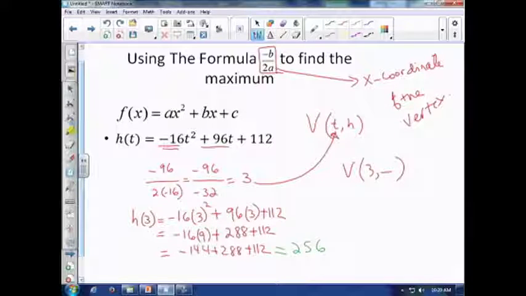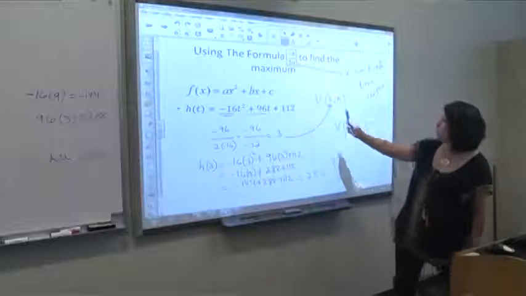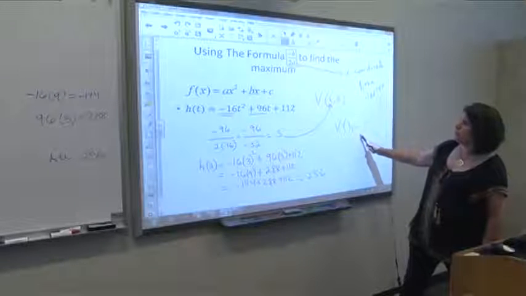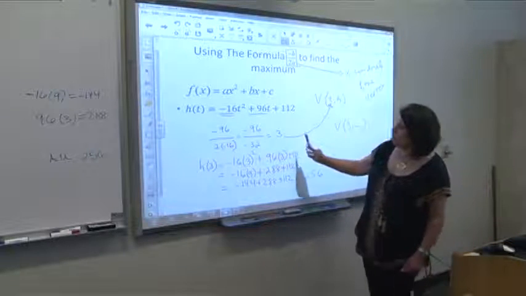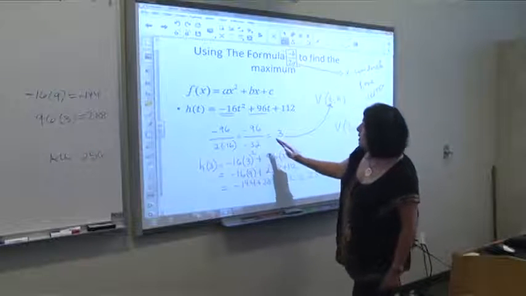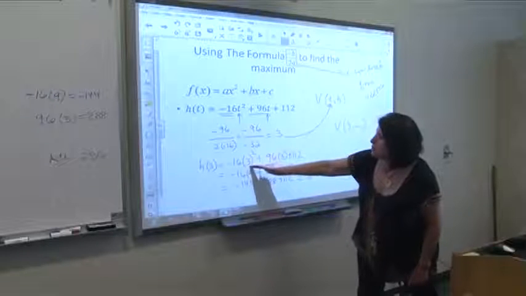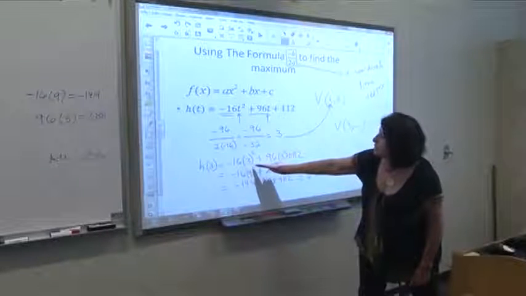I know there is also a formula that you have to memorize to find the y-coordinate of the vertex, but I really find the less you memorize the better, because all it takes is that you plug in the time, t, in the original function and find the height after 3 seconds. So t is 3 seconds when it reaches a maximum.